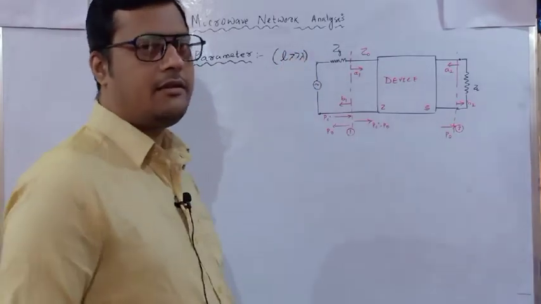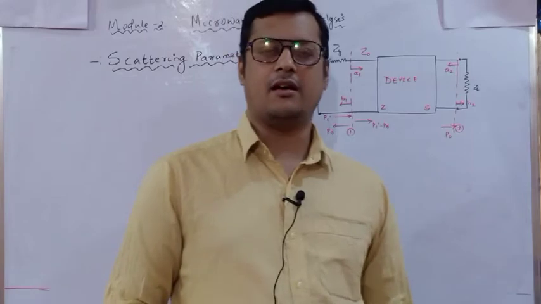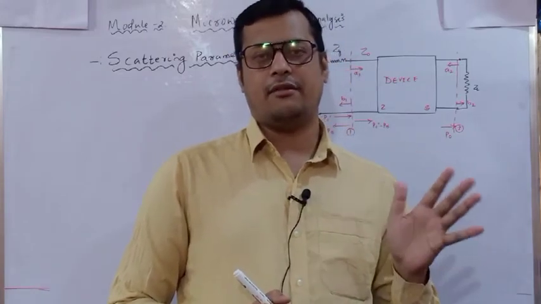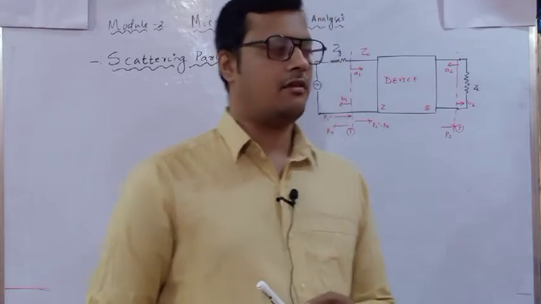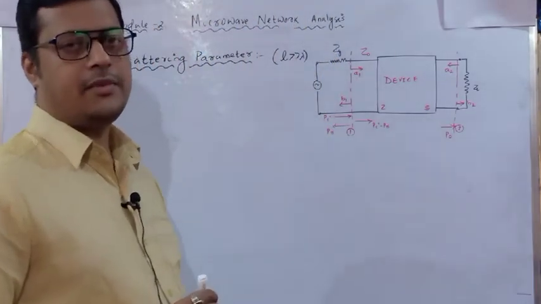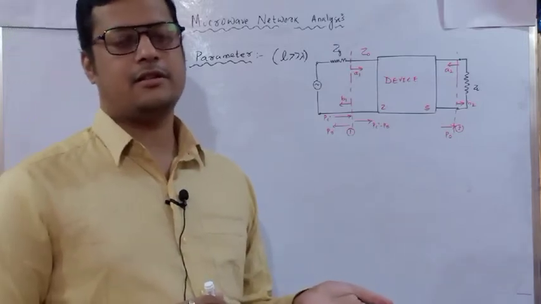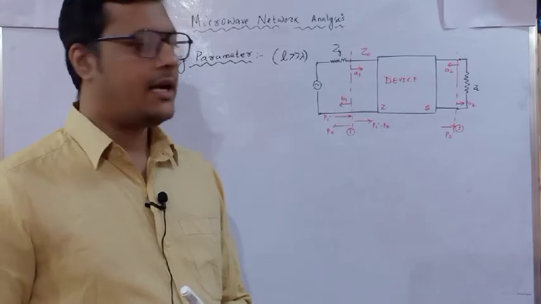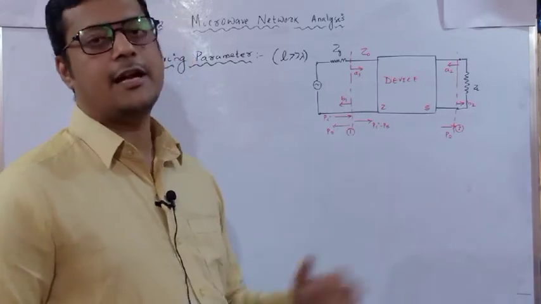If the length of the device is much greater than lambda, that means we are working in the high frequency range. Once it is operating at a high frequency, that means we deal with the microwave frequency, and we will deal with the scattering parameter.